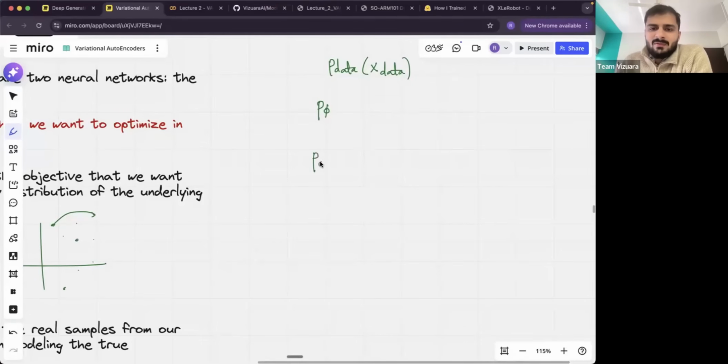We want to maximize p phi of x data. What does this mean? This means that if I take these input samples and put it in my probability distribution, I should get a very high value for this. So I'll try to maximize this. Another way of writing is that we maximize the log of this.